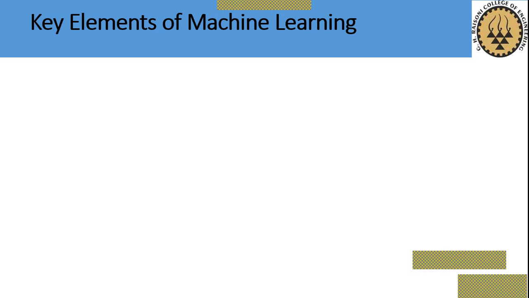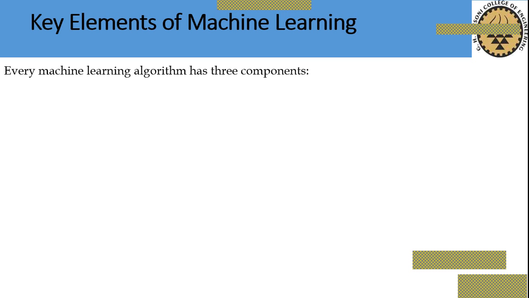Now, what are the key elements of a machine learning algorithm? Each machine learning algorithm has its components. First, representation. It is most important to find out how to represent the knowledge.